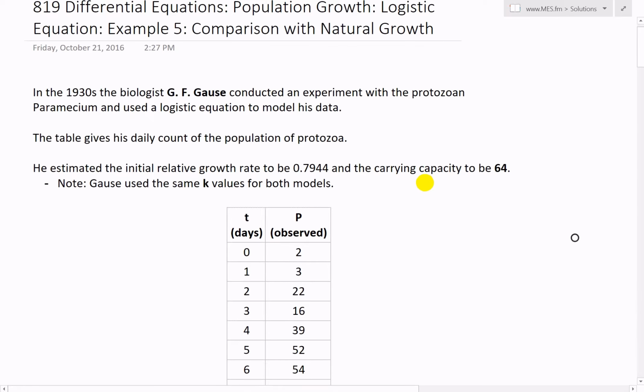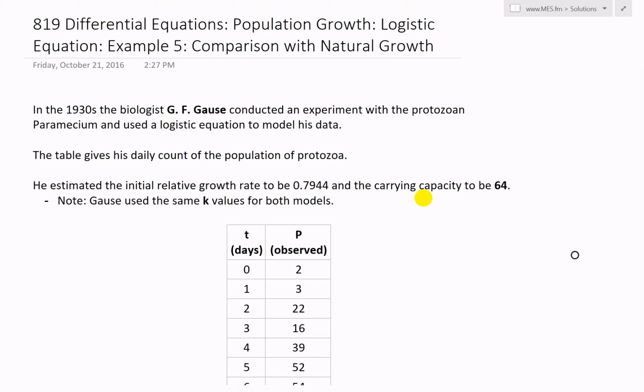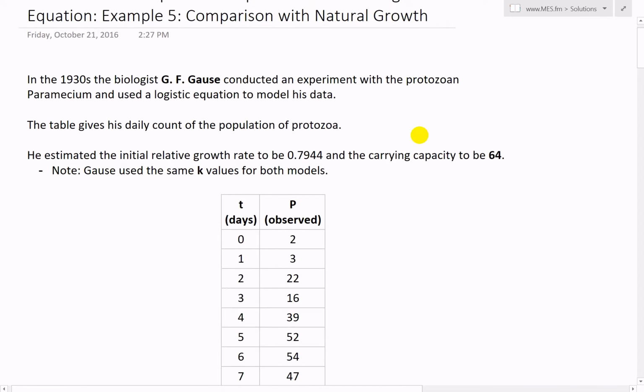So before we get to the example, just some overview of this example. In the 1930s, the biologist G.F. Gause conducted an experiment with the protozoan Paramecium. I think that's how you pronounce it. I'll get to the definitions of this later down in this video, but these are just a type of bacteria. This is a specific type of bacteria.